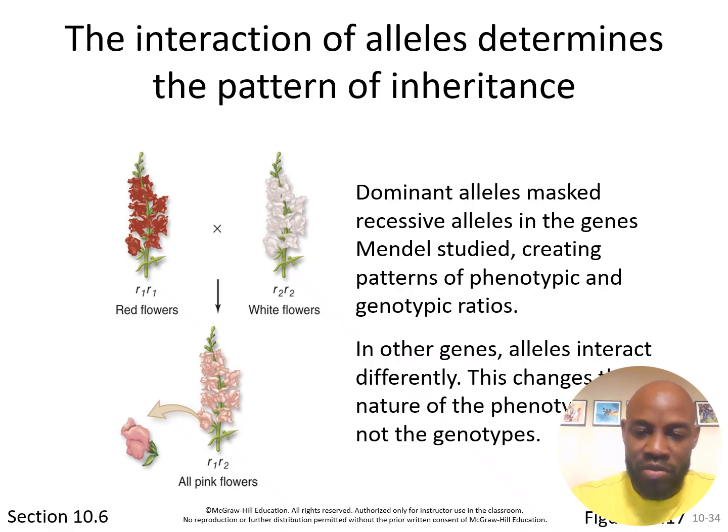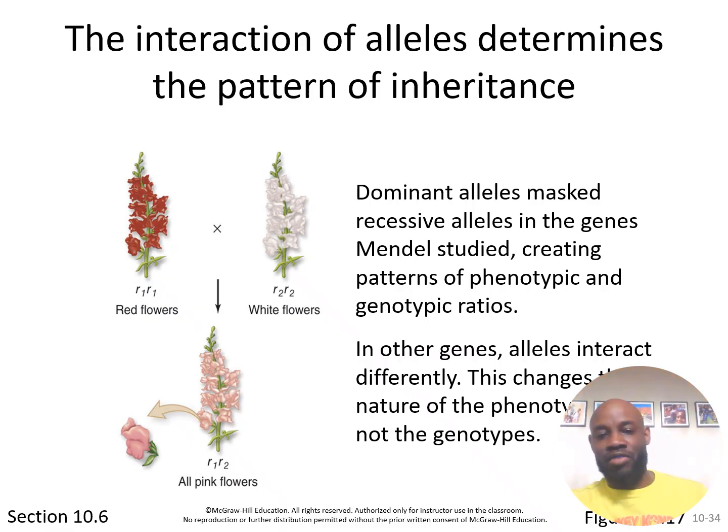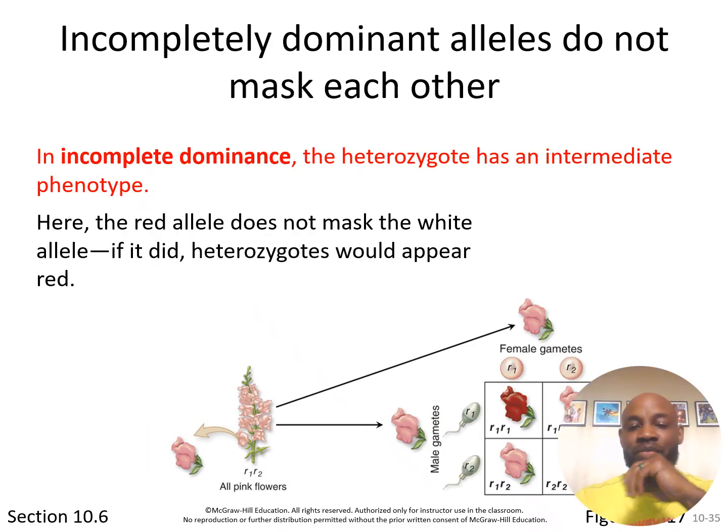Dominant alleles mask recessive alleles, but sometimes you have alleles where the phenotype, what we see, is a blend of the two. Incomplete dominance is what we call that. It has an intermediate phenotype.